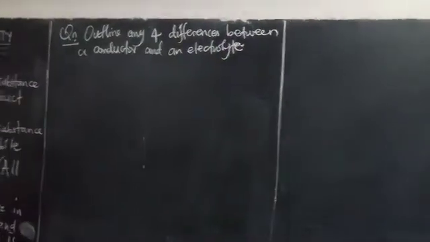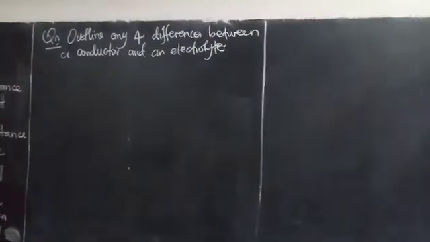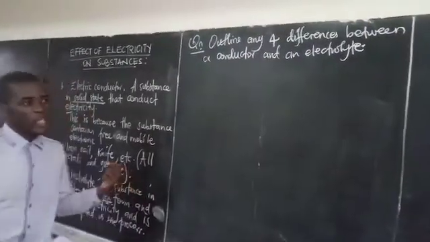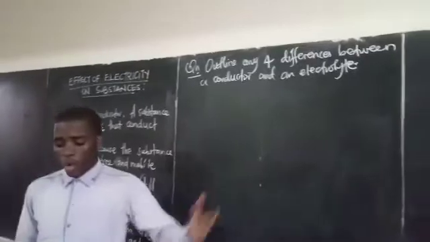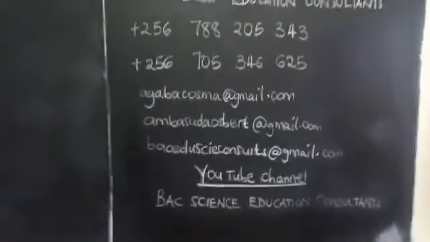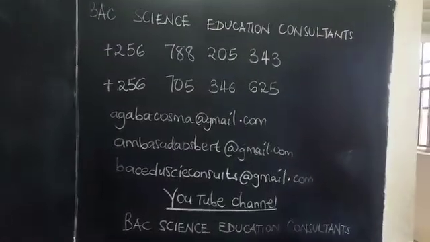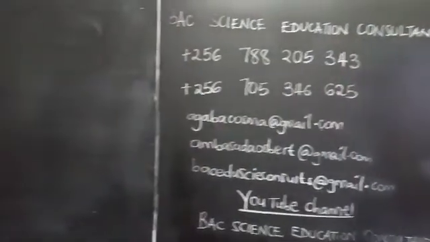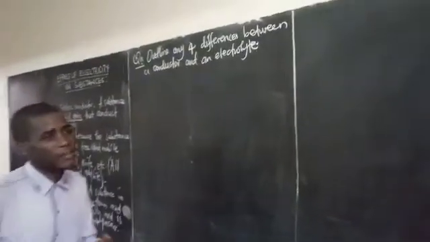There are very many differences. Please go and check for them. Where you need more explanation, check on us on our contacts. We are around to keep helping you. These differences will show you that different substances behave differently towards electricity.